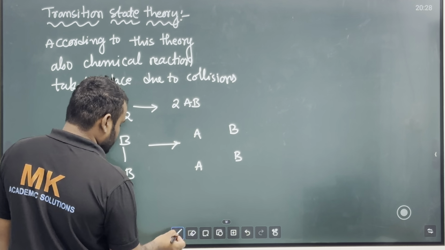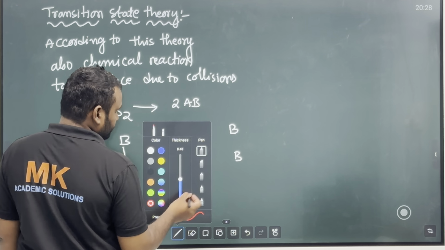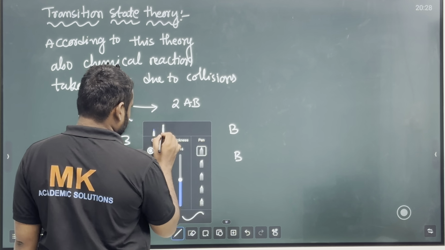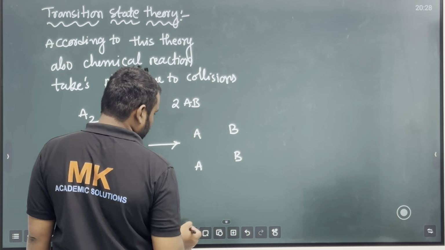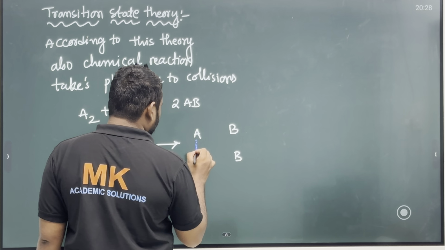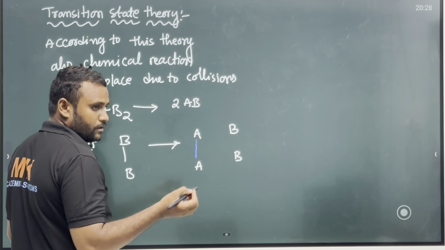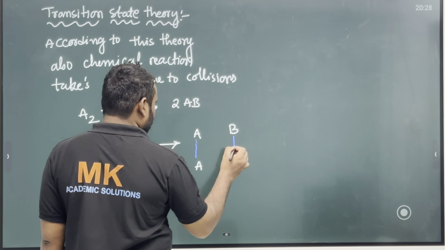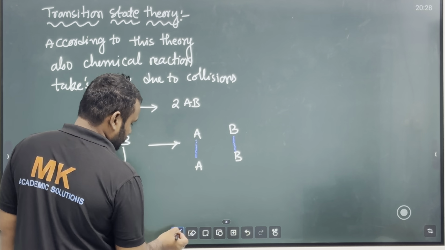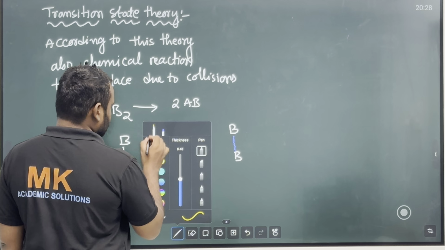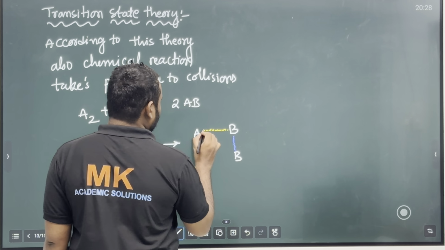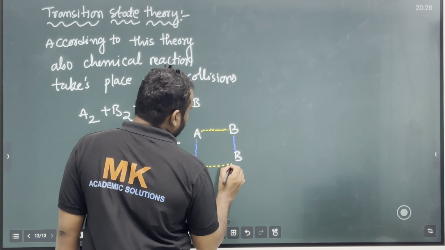So these are the old bonds that are going to break, and these are the new bonds that are going to be formed.